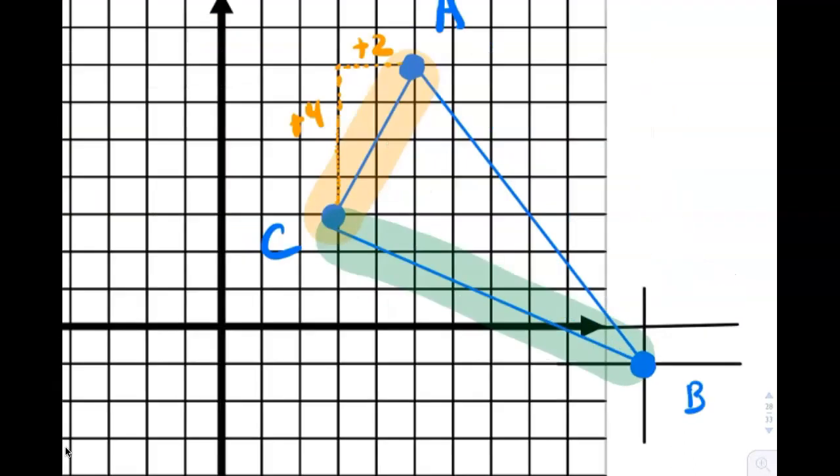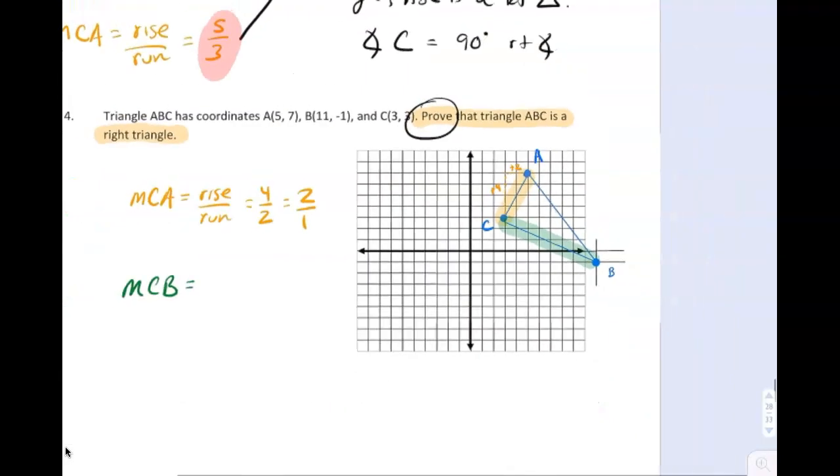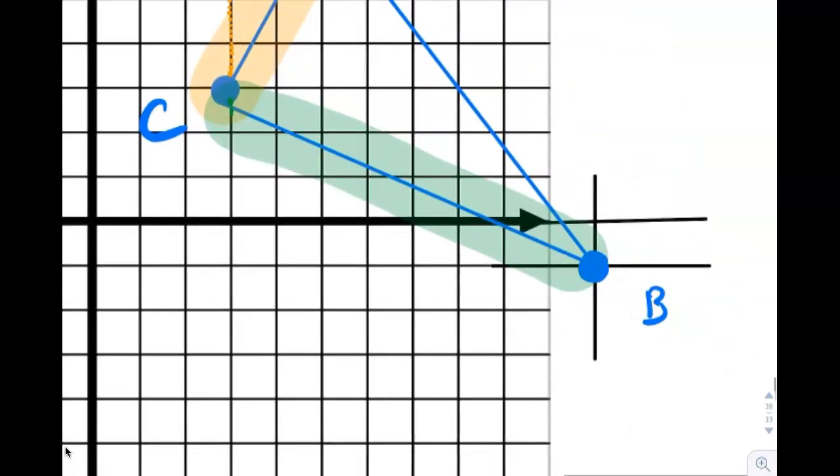So then, slope of CB. This is going to be down. Did I write rise over run? I didn't. Rise over run. And again, rise can be a fall. You can rise negative, which is weird, but you can. So down 1, 2, 3, 4.